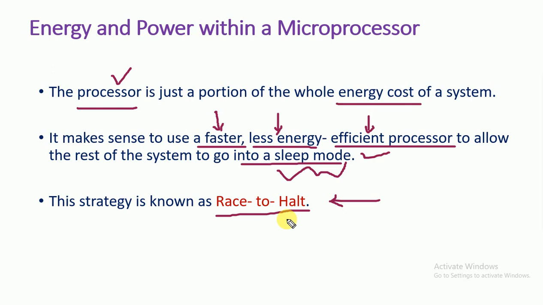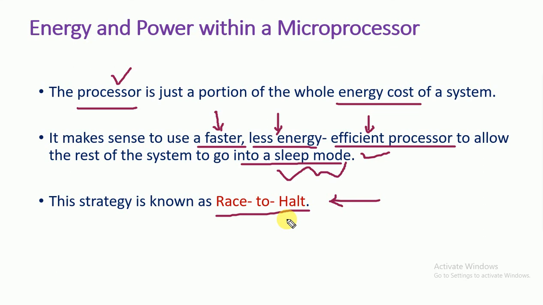So that is all about the energy and power related information that is part of a microprocessor. Last session we were discussing power and energy from a general system perspective, but today's session we discussed energy and power especially for the processor, which utilizes more power and energy when compared to other parts of the computer system.